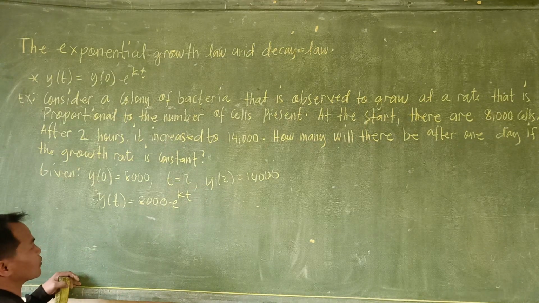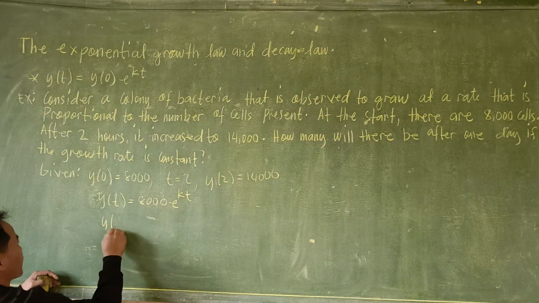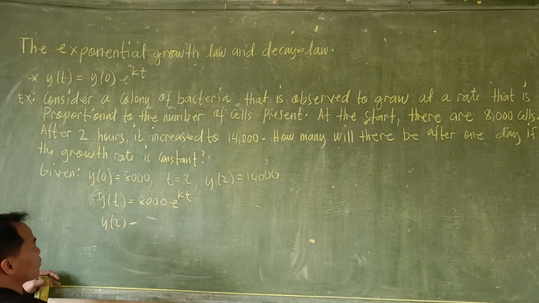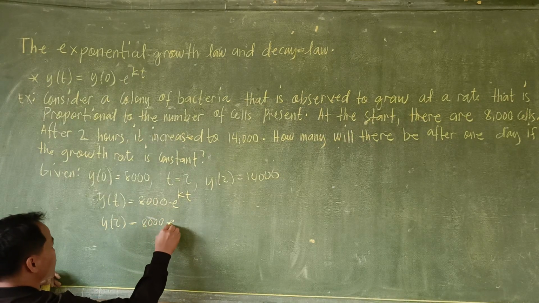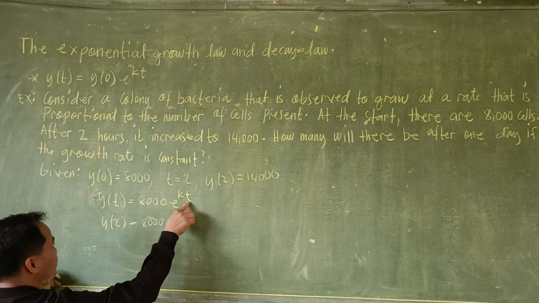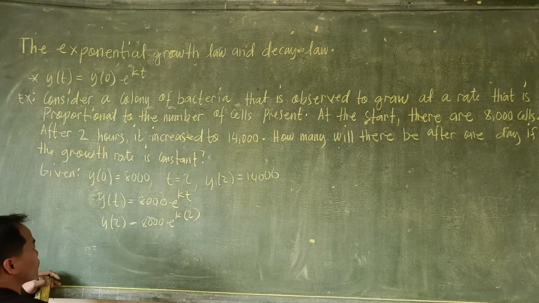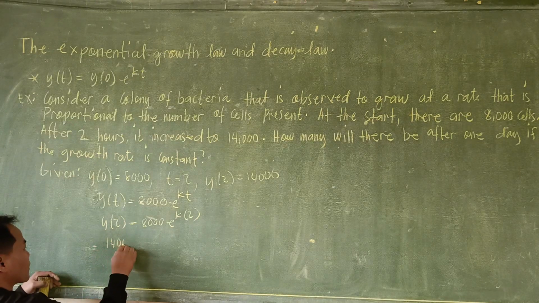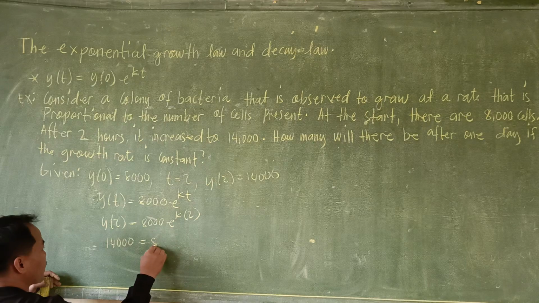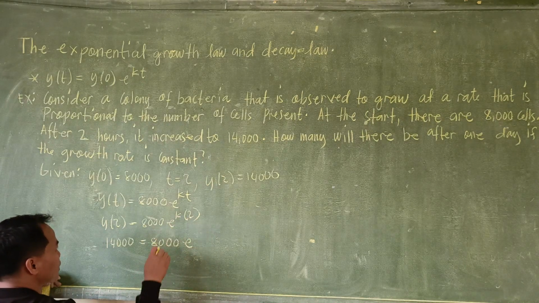At time t equal to 2, it increased to 14,000. So y of 2 is 8,000 times e to the power of k times 2, and that is equal to 14,000. That is 8,000 times e to the power of 2k.